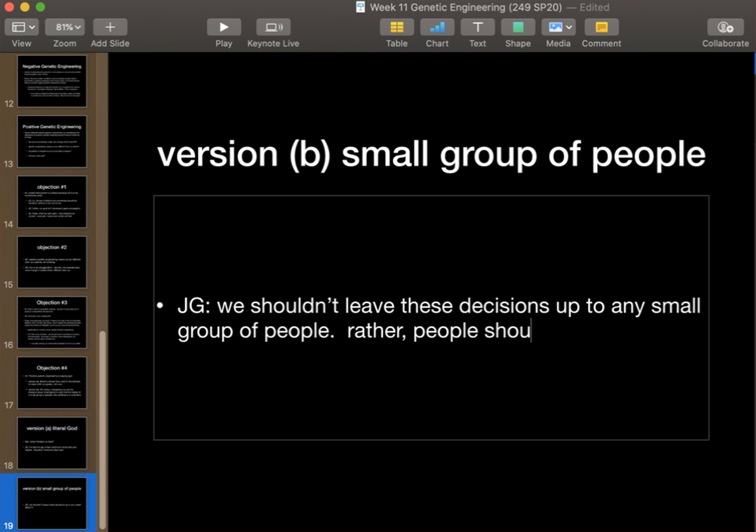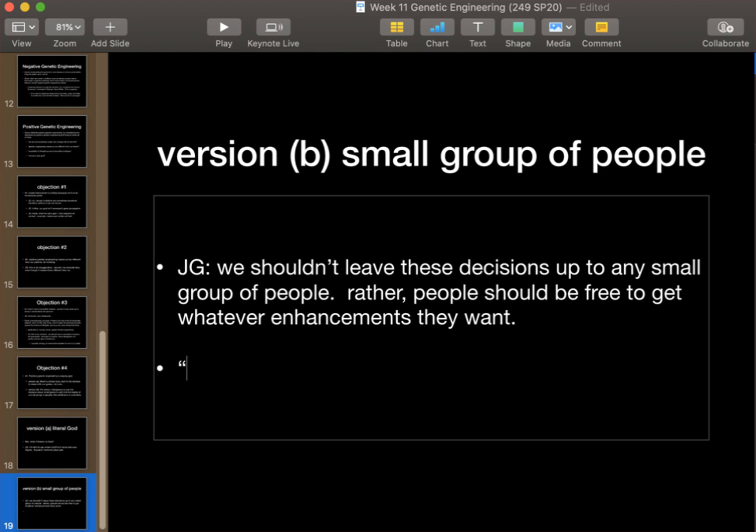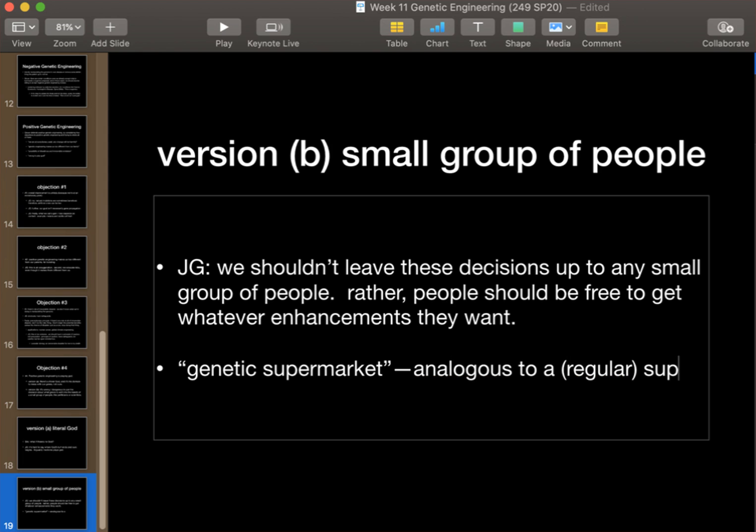Rather, people should be free to get whatever enhancements they want. And he envisions this, he calls this a genetic supermarket, okay, which is analogous to a regular supermarket.